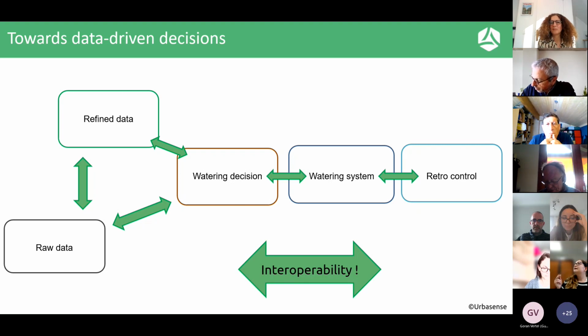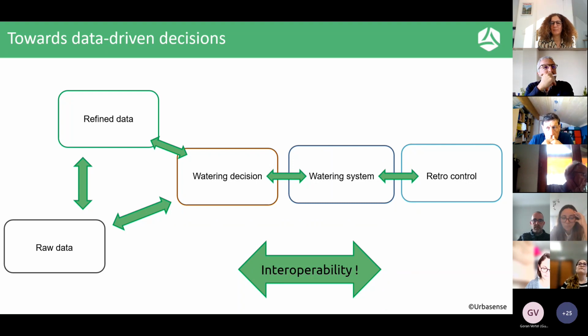So we need to have data-driven decisions. We have raw data taken from the site, from the plants in the cities. We'll have refined data, because we can add a lot of information to this raw data. We can have the location in the city.